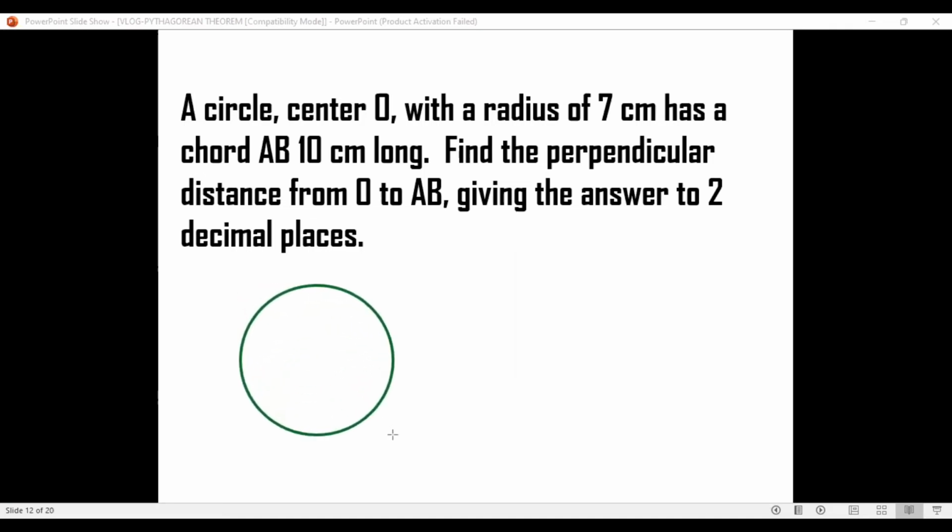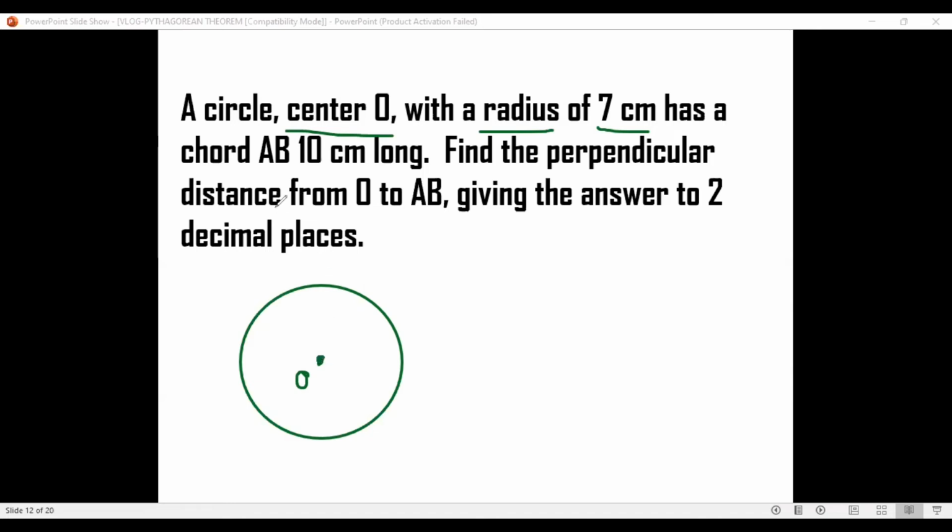And once you name your circle, we always name it based on the center, and the center is O. So we have a circle with center O, with a radius of 7 centimeters. Again, the radius is the distance from the center to any point on the circle.